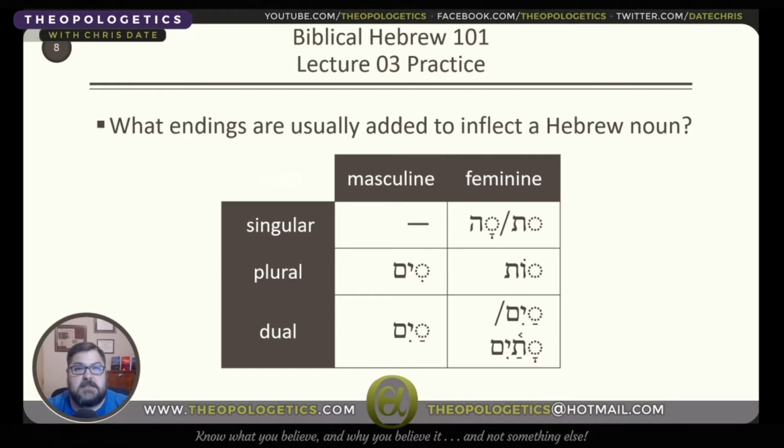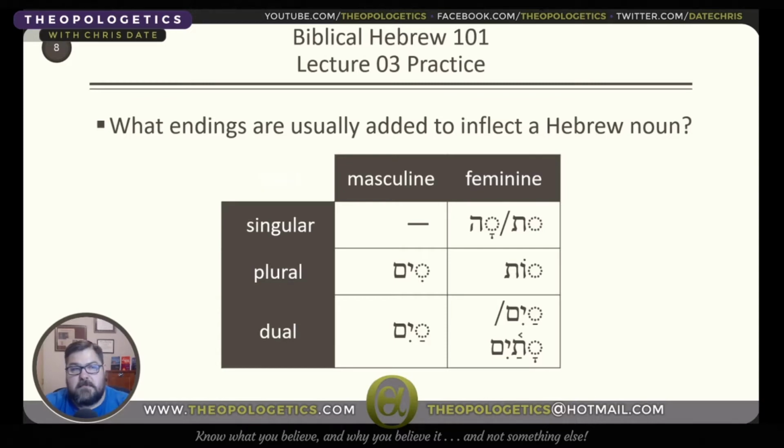But I don't think you need to take up the space in your memory to remember those vowels. If you just remember that tav is very often the ending of a feminine singular noun, I think that suffices. Now, it doesn't mean that you're guaranteed to get it right if you identify a noun as feminine singular because it ends in a tav. I'm just saying there's a decent chance that it will be.